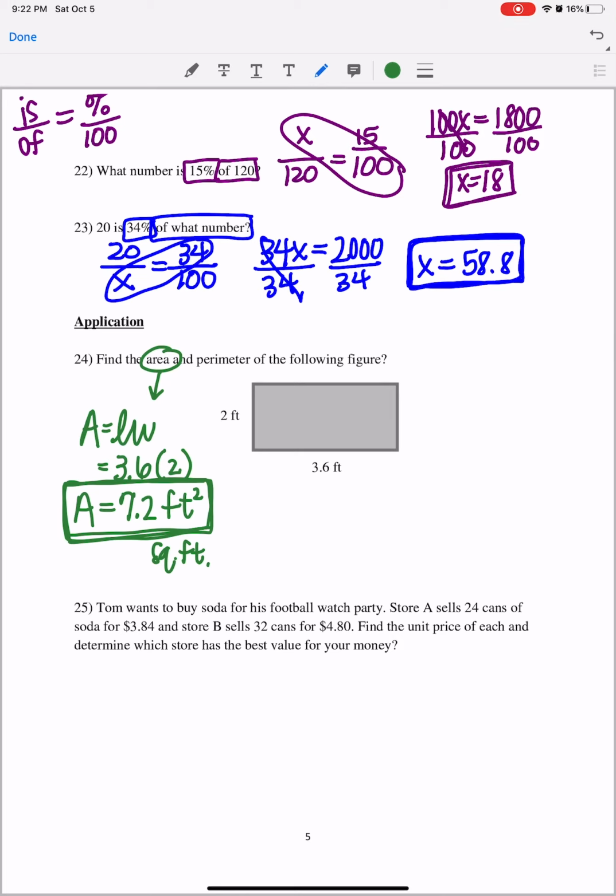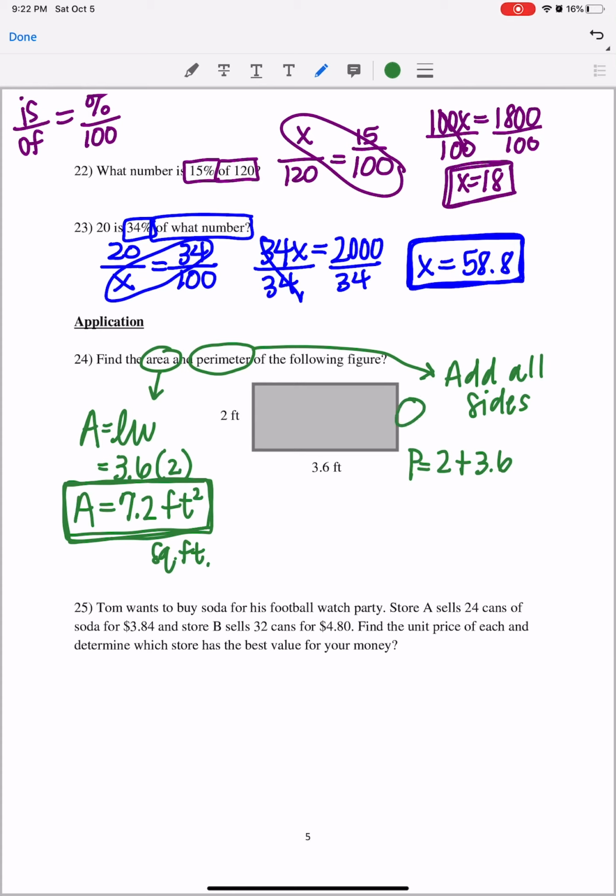And then perimeter. Perimeter, you need to add all sides. So I've got 2 plus 3.6. Now, even though those are the only 2 numbers I'm given, I need to add up all 4 sides.